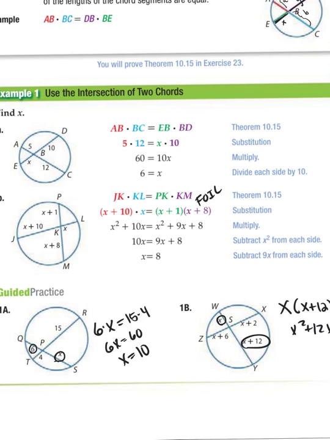The x squares fall out. That's nice. So x is 3. Now, if it says find x, I'm in good shape. But it may say, then what is the length of chord WY? So you may have to go back and plug in. So be alert to that.